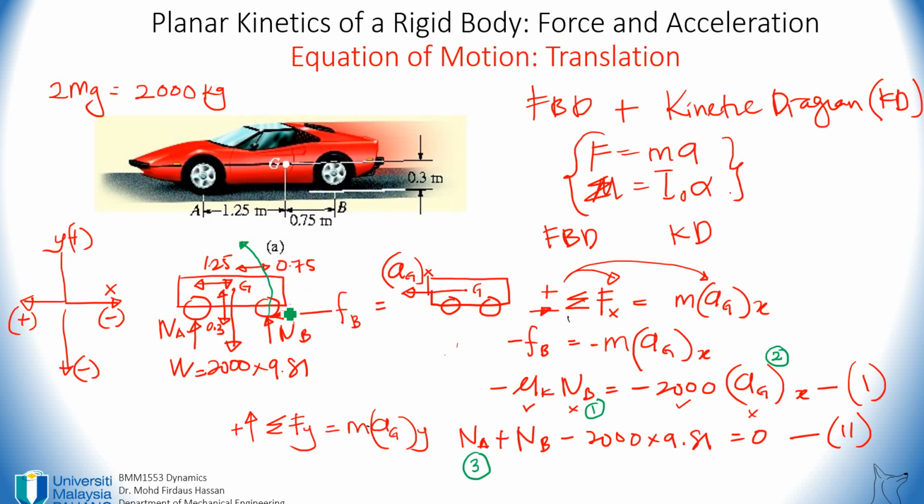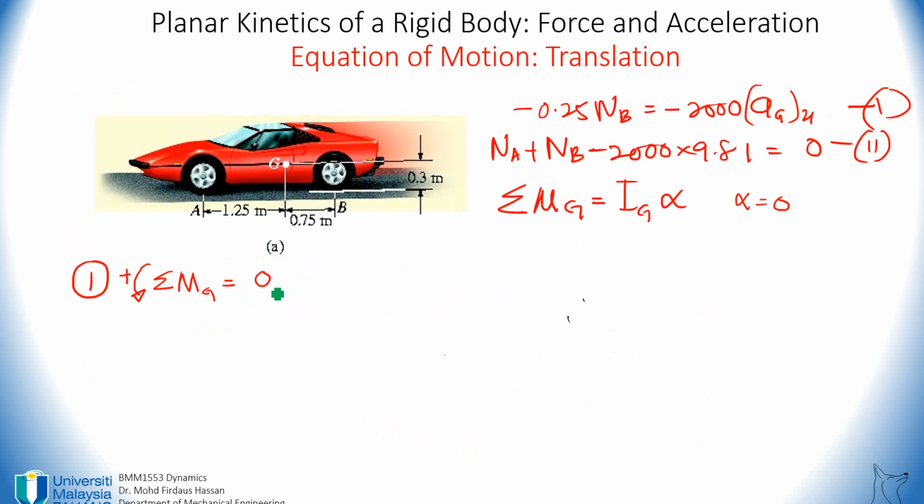You draw a straight line here and draw a perpendicular line to G. This is a distance R. So R here is 0.75. So you will have, for example, R times NB.